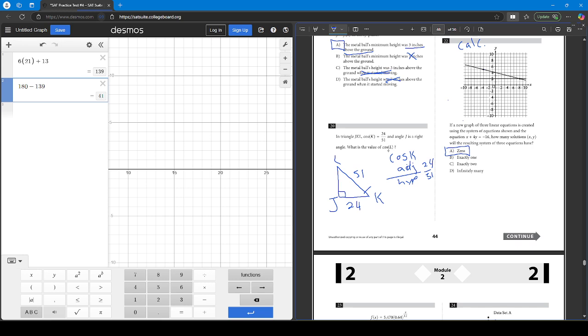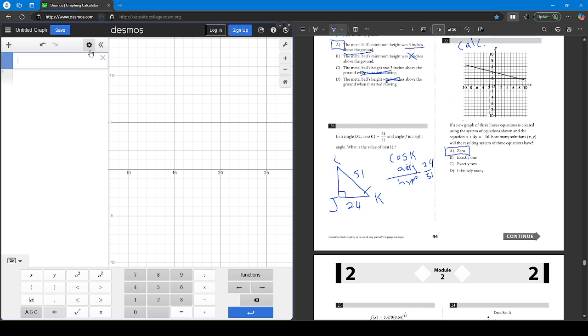So we're going to use the Pythagorean theorem, which says a squared plus b squared equals c squared. My unknown side here, I'm going to call it x. x squared plus 24 squared equals 51 squared. 51 had to be my c because that's my hypotenuse.